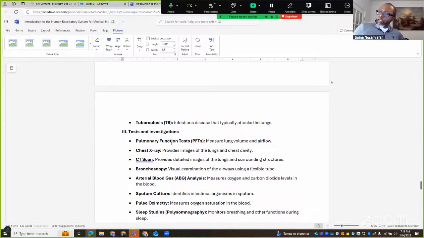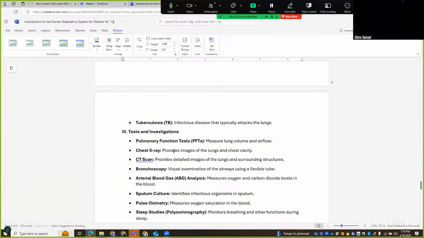So now, do you know what a pulmonary function test is? No, I didn't know about it.